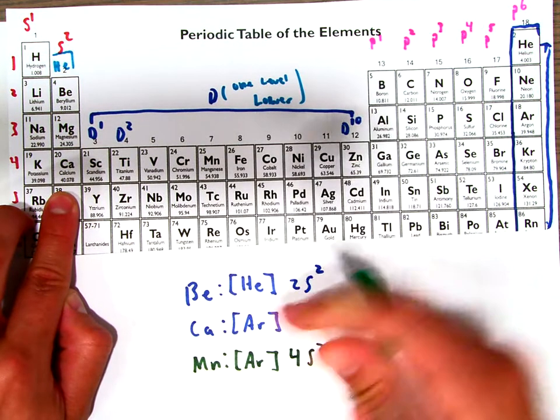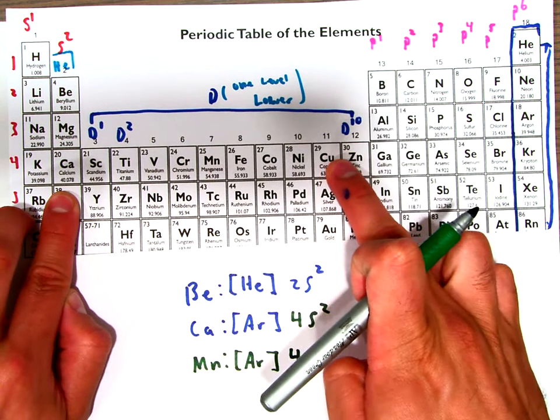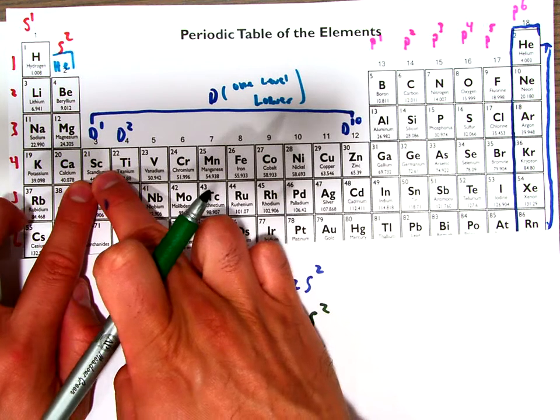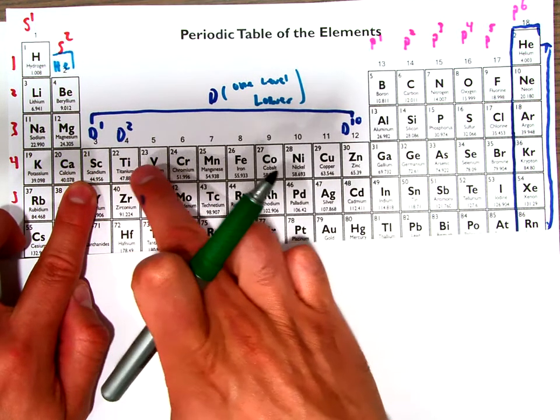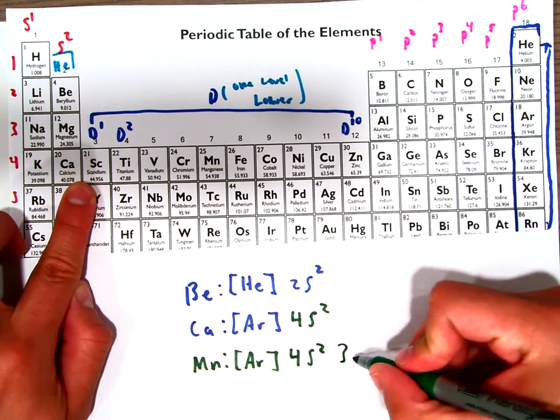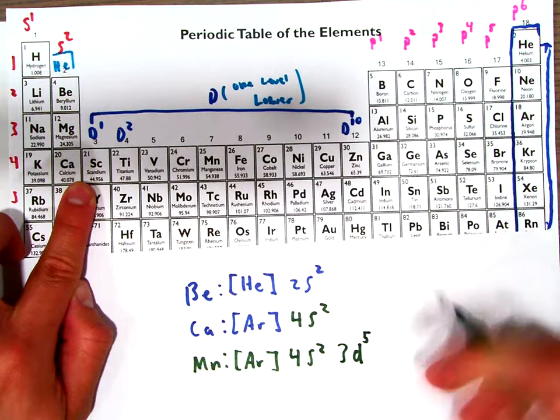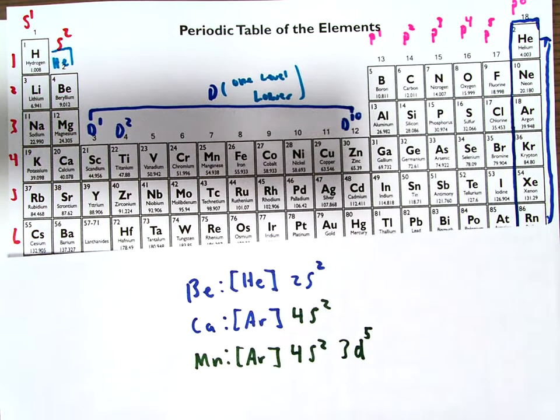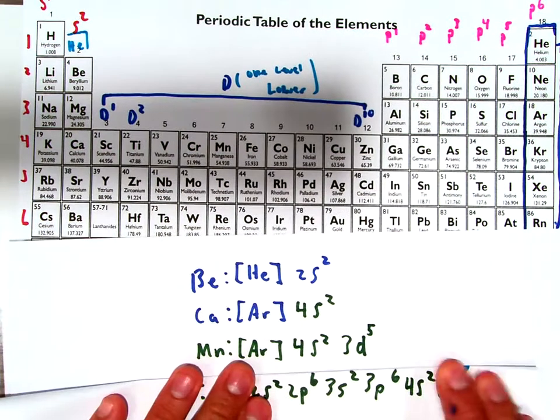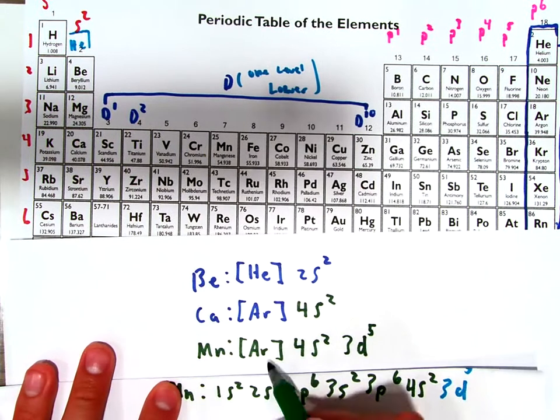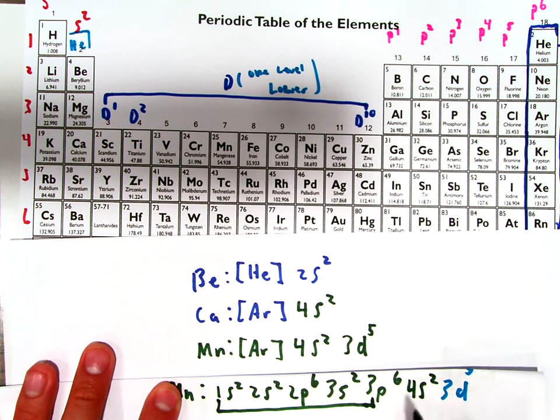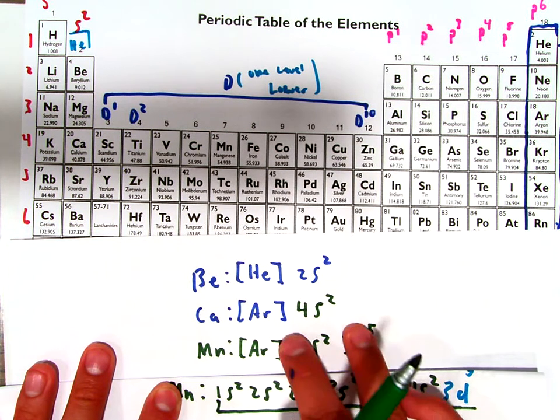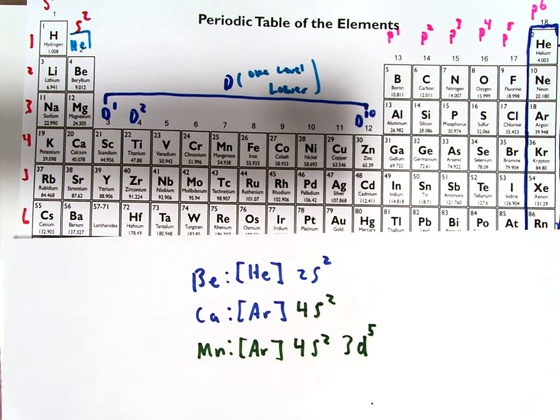Remember, one level lower, so this is not 4d, but 3d. 1, 2, 3, 4, 5. 3d5. If I compare it to my previous one, what it's telling me is that argon just represents all of that, and we just put the last part here. So it's just a shortened version of it. That's all it is.